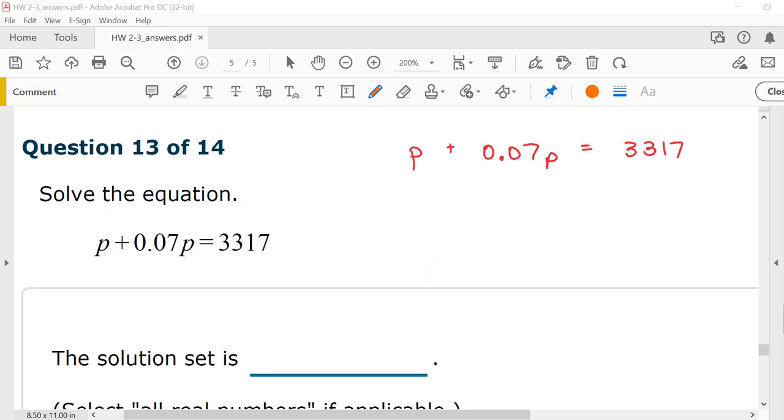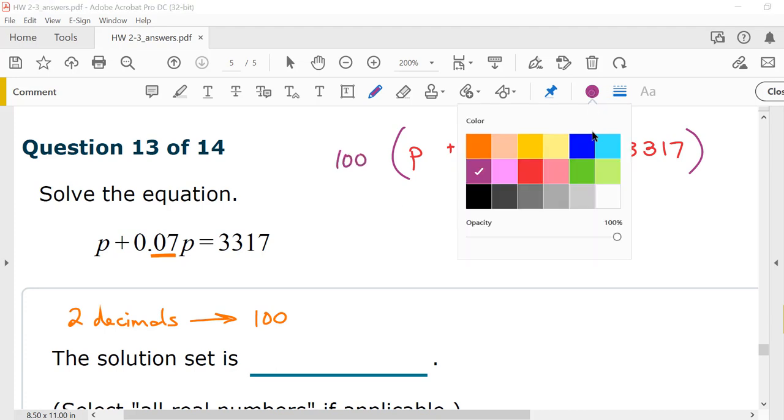Number 13. I'm going to go ahead and work it the way this section wants you to work it and clear the decimals. Do you see that the coefficient has 2 decimal places? So 2 decimals means I'm going to multiply everything by 100. So here we go. Multiply every term by 100.